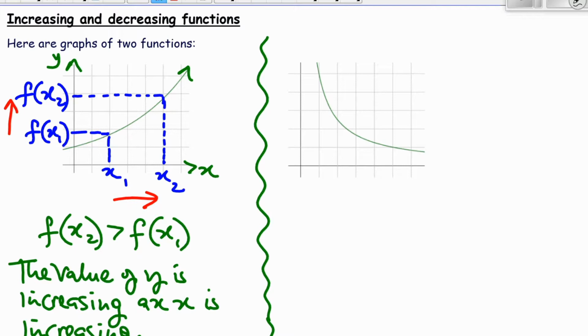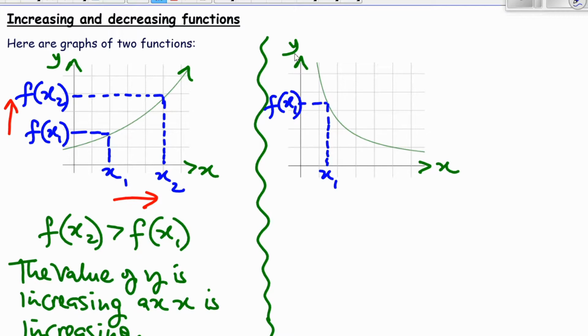Let's look at the second case. Here we have a function that is moving downhill from left to right. Just labeling this again, this is y, this is x. Now suppose this is x1, somewhere here, which means that will be f(x1).